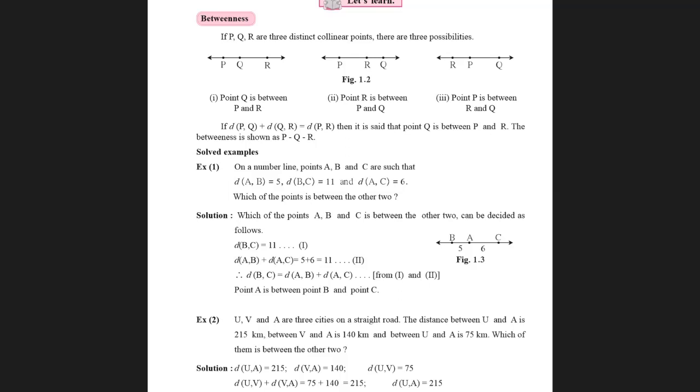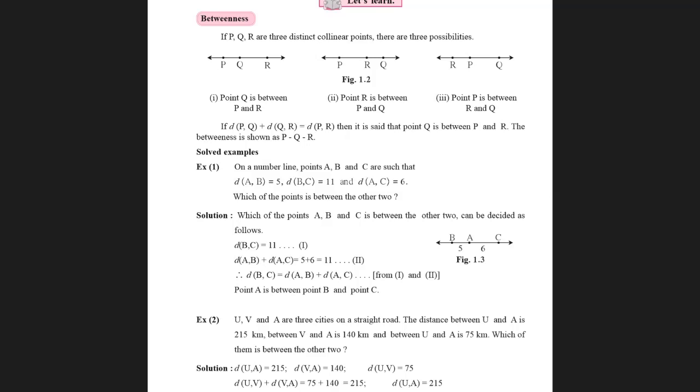It is common in both those distances. See, distance of PQ plus distance of QR. Q is coming common in both. That means Q lies between P and R. This is how we have to learn to identify it. And since Q comes as common for both, I write it as P-Q-R, which means Q is in between P and R.